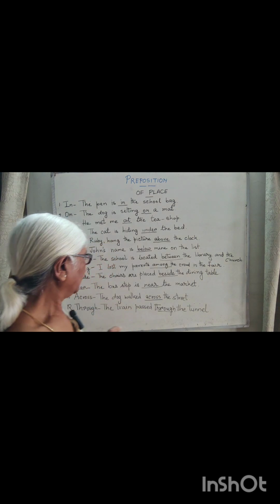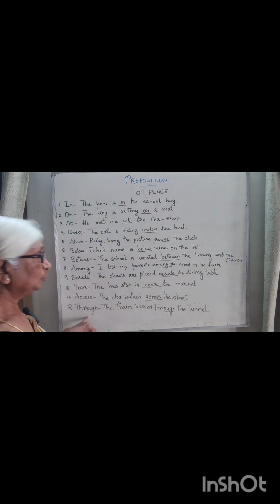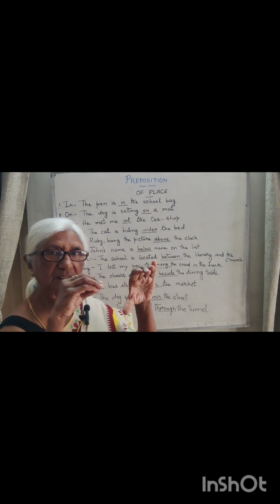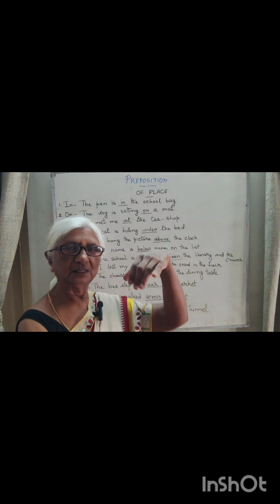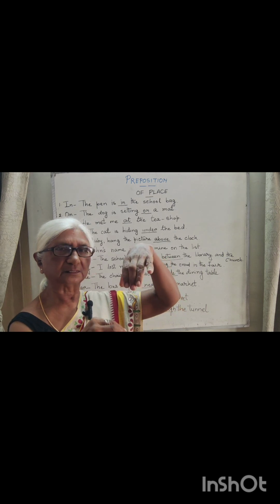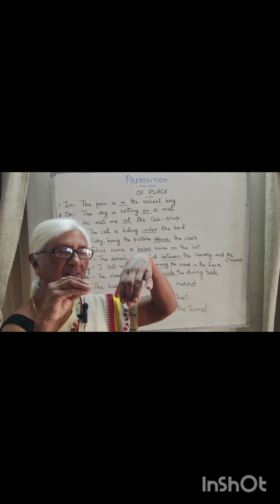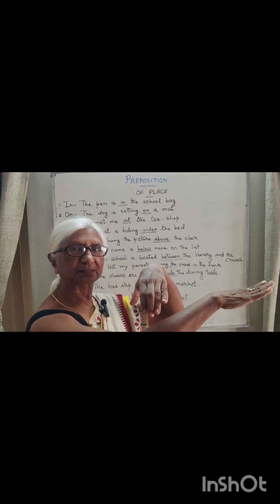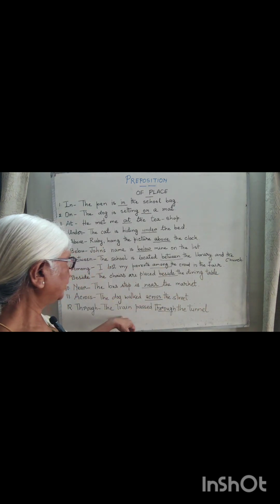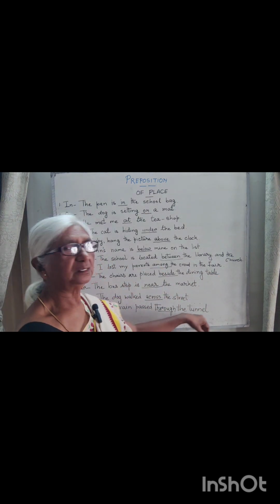Okay. Next we have through. Through is going inside something and coming out from the other side. It's a tunnel, and the train goes through the tunnel and comes out from the other side. So the train passed through the tunnel.